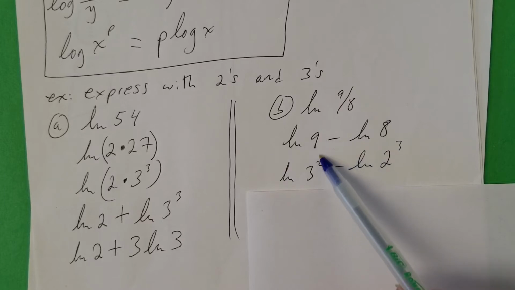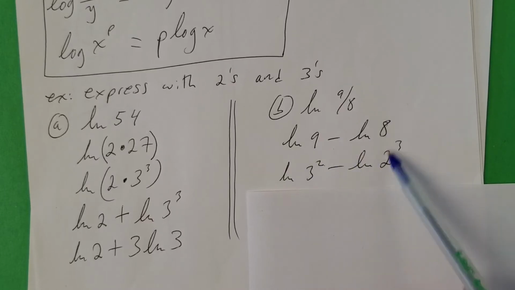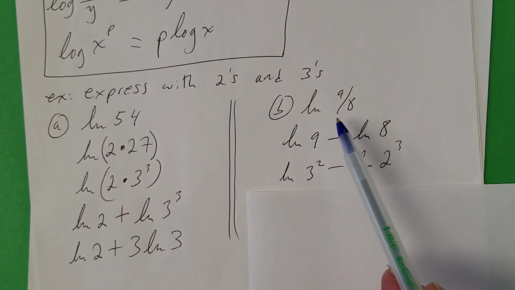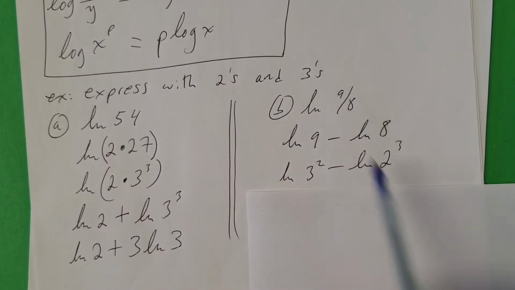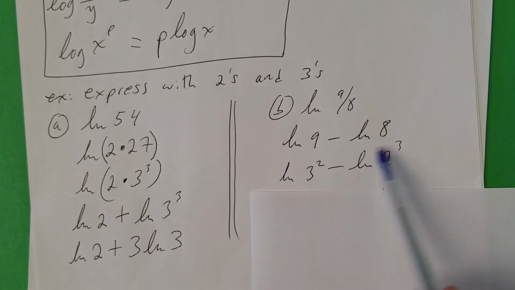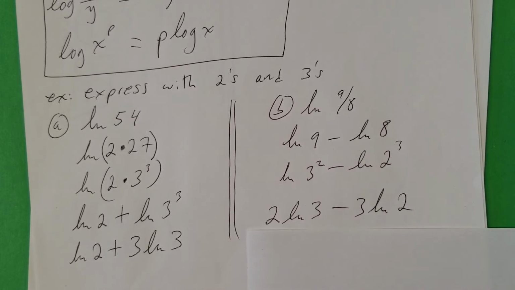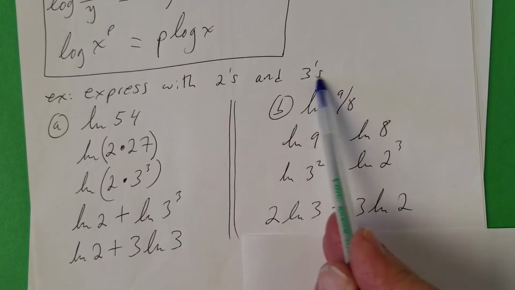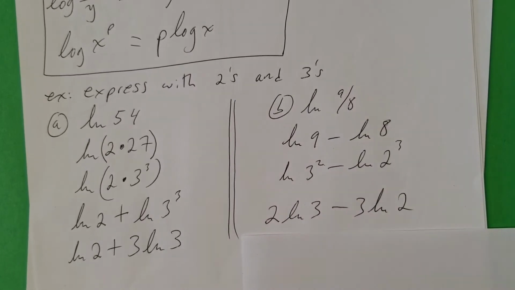Well, we know 9 is 3 squared, and 8 is 2 to the third power. Remember, we're trying to express in 2s and 3s. And then we use, again, the third property to bring the powers down to the front, and there you go. I'm done. I expressed ln 9 over 8 with 2s and 3s.